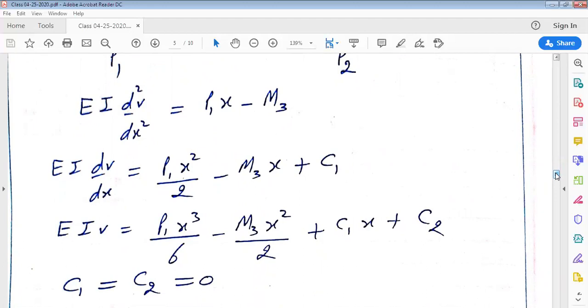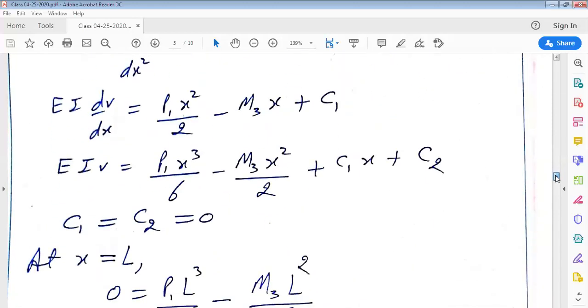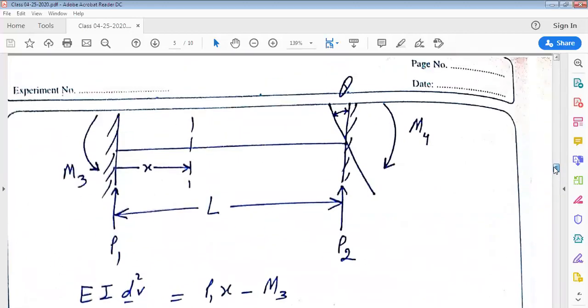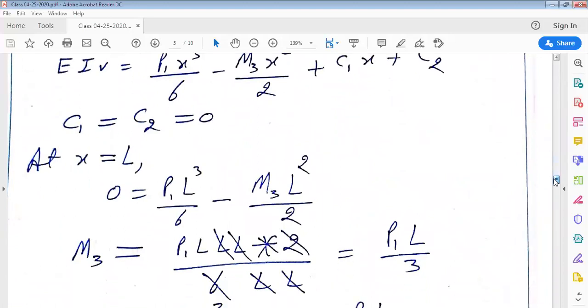And if we apply the boundary conditions that at x equal to 0, deflection is 0, and at x equal to 0, slope is also equal to 0, we get C1 equal to C2 equal to 0. And now here the boundary condition is that at x equal to L, slope is theta. But before that, at x equal to L, deflection is also 0. So that gives 0 equal to P1 L cubed by 6 minus M3 L square by 2.